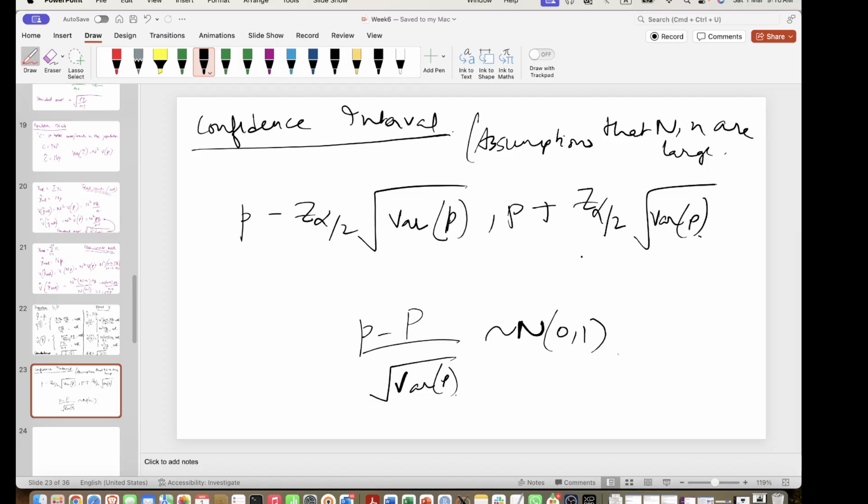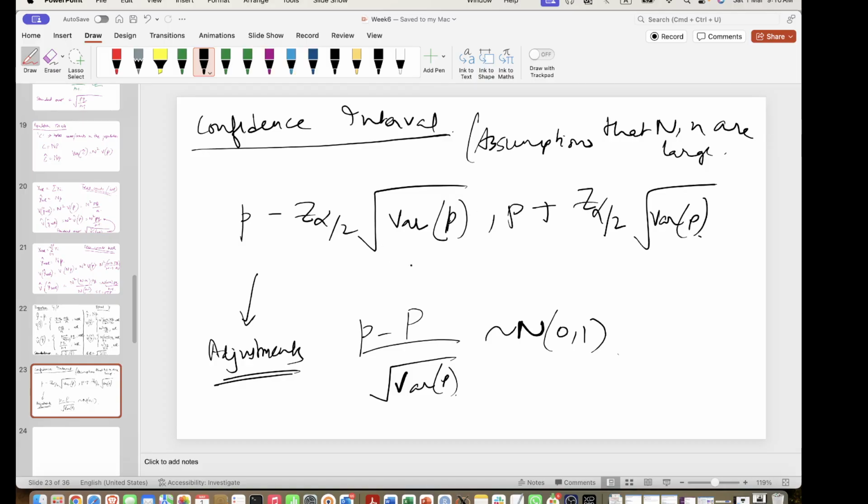So once this is done, confidence interval and all, let me just move on, but before that we can also use some adjustments to this existing confidence interval.